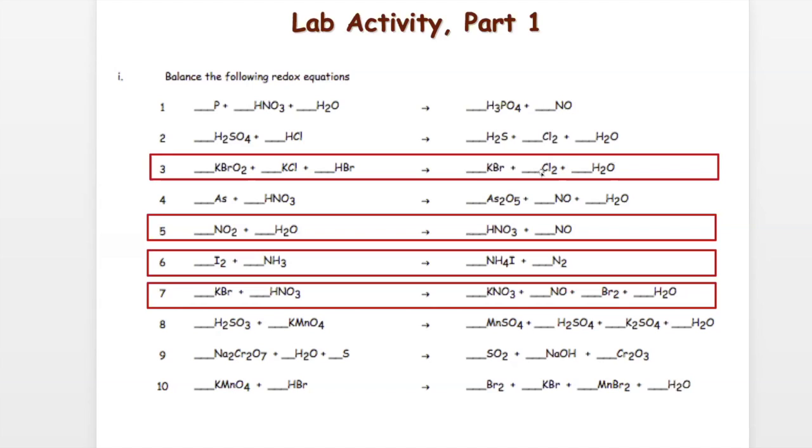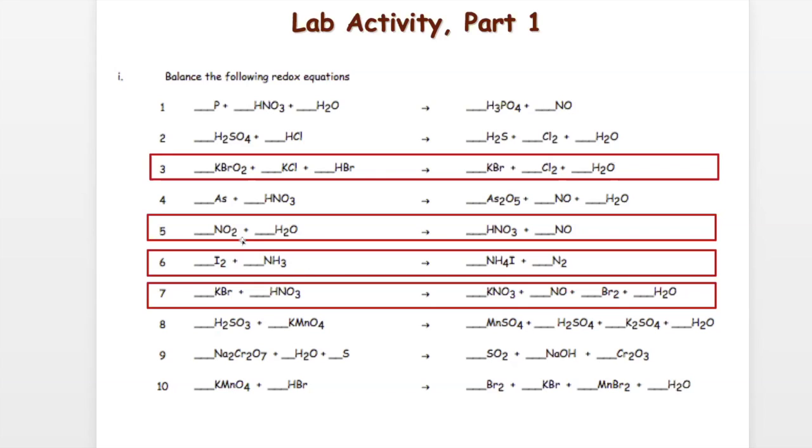KCl will go to Cl2 and KBr. But by introducing KBr, I need to bring in HBr as well. So your second half reaction is KCl plus HBr goes to KBr plus Cl2. That way you get all the elements on the left to be equal to the right. Don't worry about oxygen and hydrogen because they come in via water.